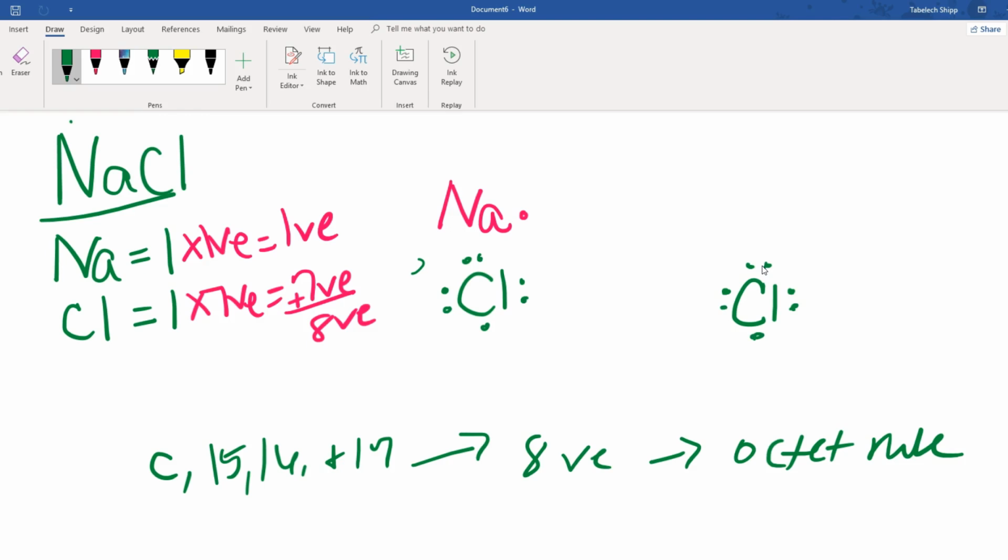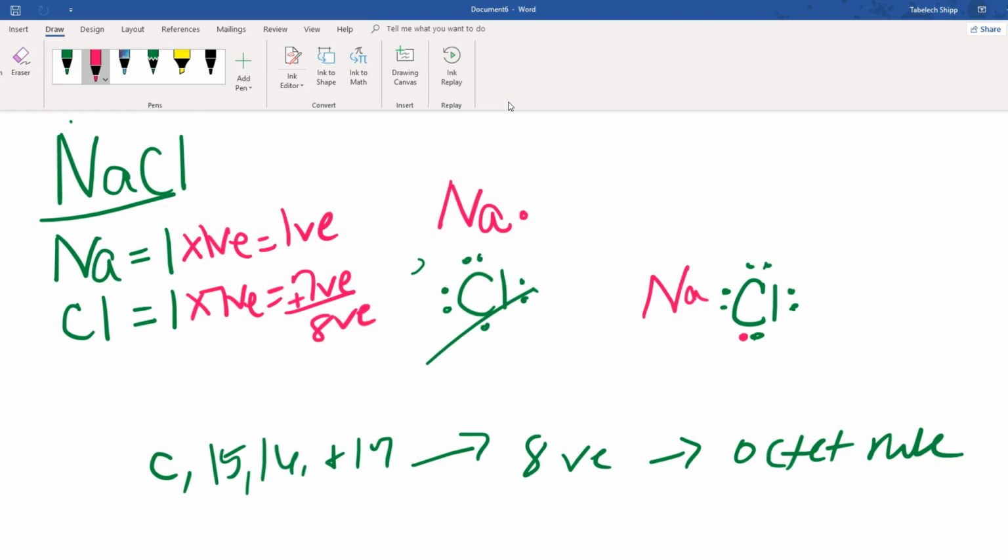So I've used chlorine, so I'm just going to slash that out of the way, and then I'm going to go ahead and apply sodium. So sodium is going to go right here, and the one valence electron that it contributed will go right there. Now, chlorine actually has 8 around it, and so this completes the energy shell for chlorine.